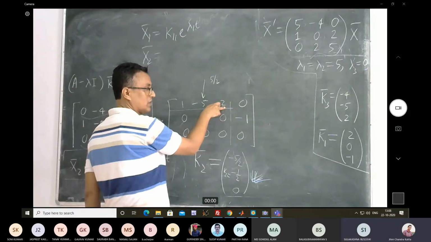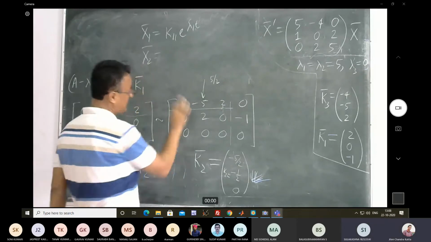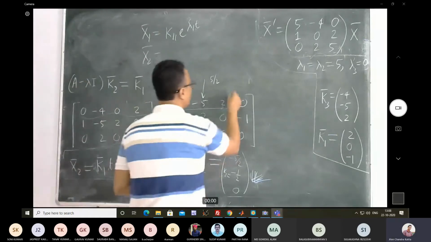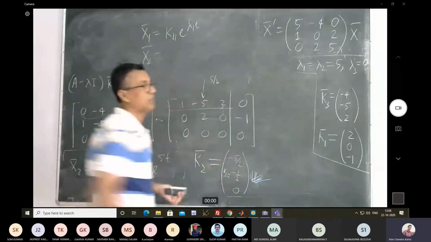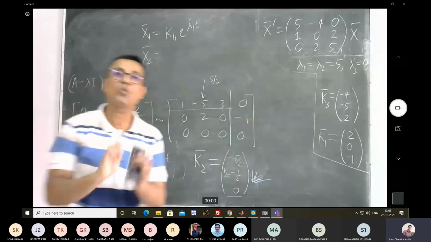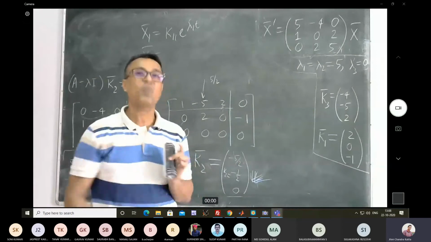Yes, sir. But instead of k3 as 0, we can take another scalar also. So we will get different solutions. No. See, here the problem is it has to satisfy this system of equations. The right hand side is not 0. That is why we don't have liberty with this scalar multiple. That is my point.